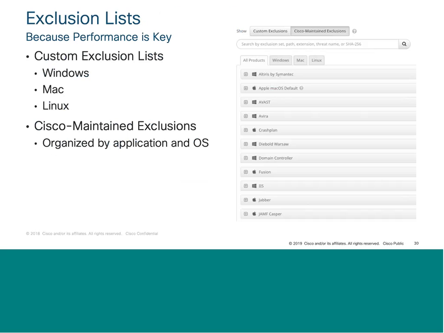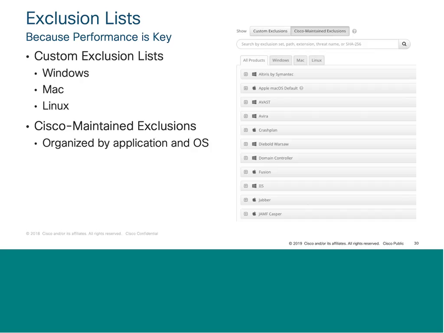Okay, exclusion lists. We've seen some pretty cool changes in our exclusions in the last few months. I believe it was November when Cisco released the Cisco maintained exclusion lists. When our development got around to putting those out, it was a huge boon to us. We have for years maintained a TechZone article with lists of all known exclusions to maintain application compatibility.